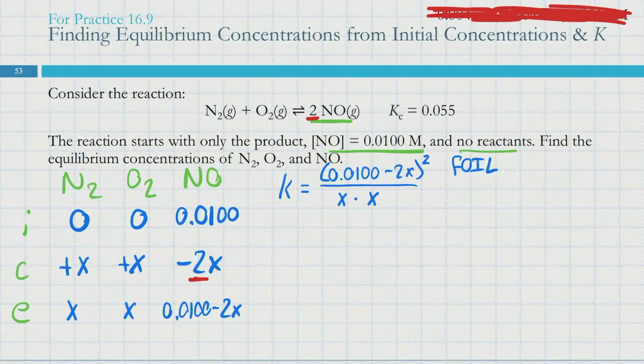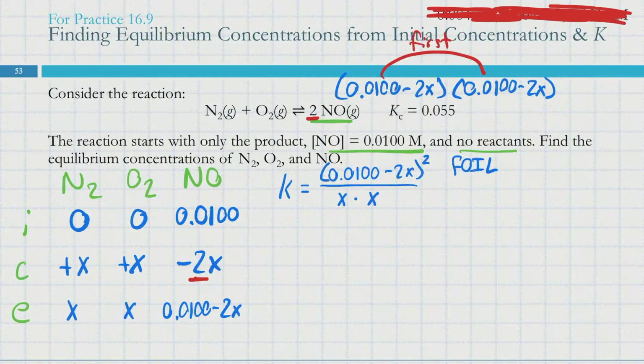First, outside, inside, last. So 0.0100 minus 2x times the same thing. Multiply our firsts. Multiply our outsides and our insides.